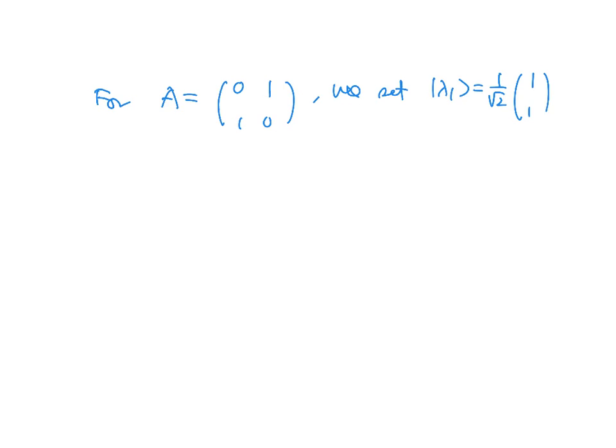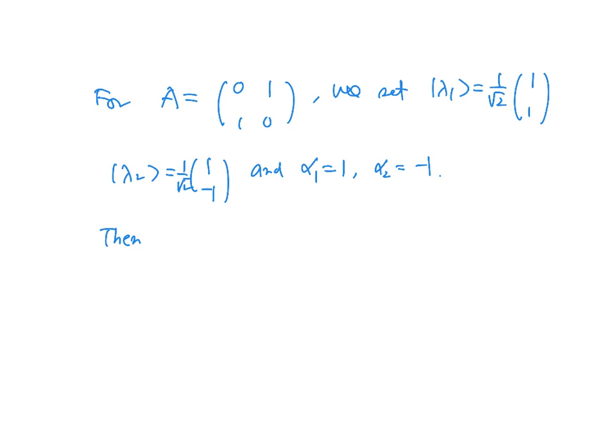For A, we set lambda 1 and lambda 2 as above, and alpha 1 equal to 1, alpha 2 equal to minus 1.